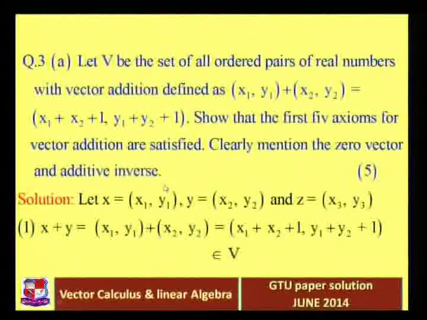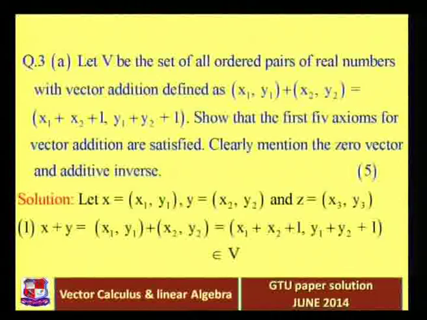Now we have to prove that the first 5 conditions for vector addition are satisfied. The first one is closure: for any x, y belonging to V, we have to prove that x plus y also belongs to V. The second condition is the commutative law: x plus y is equal to y plus x. The third is associativity: x plus (y plus z) is equal to (x plus y) plus z.